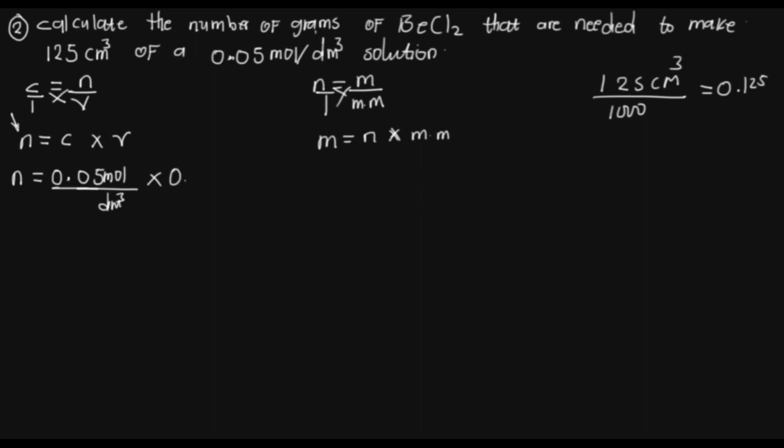So 0.125 decimeter cubed. So this and this can cancel. 0.05 times 0.125, we have 0.00625 moles. So these are the number of moles of beryllium chloride.